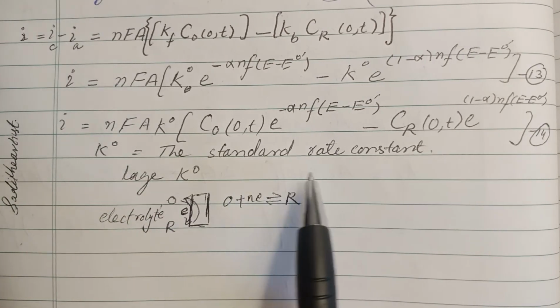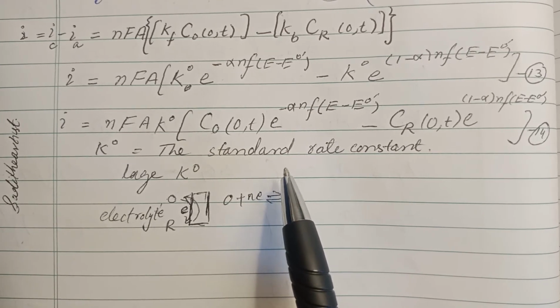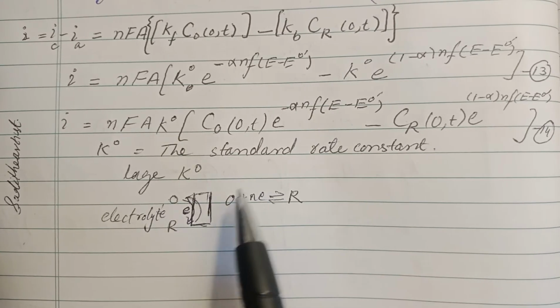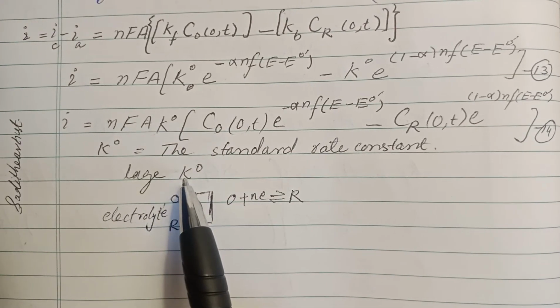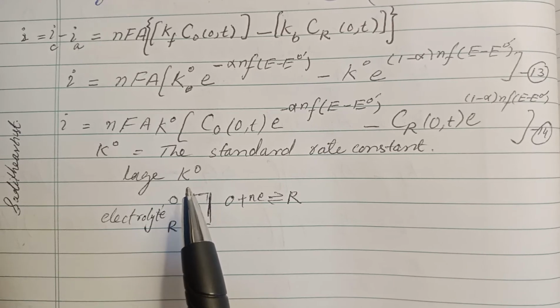As the standard rate constant is a measure of the kinetic facility of a redox couple, the value of this rate constant is a deciding factor for the heterogeneous kinetics.